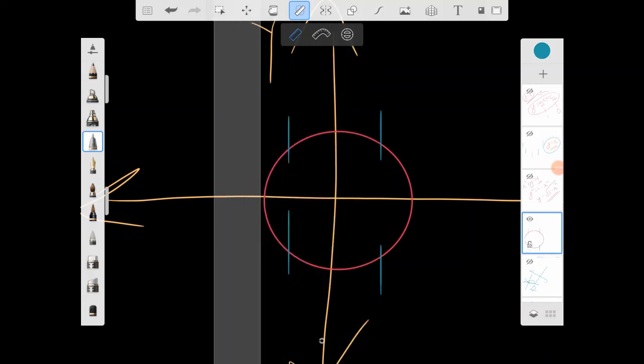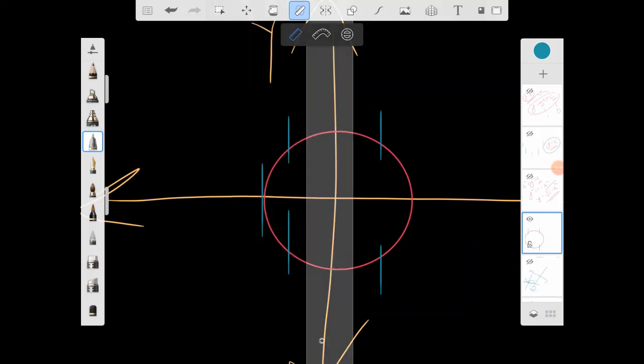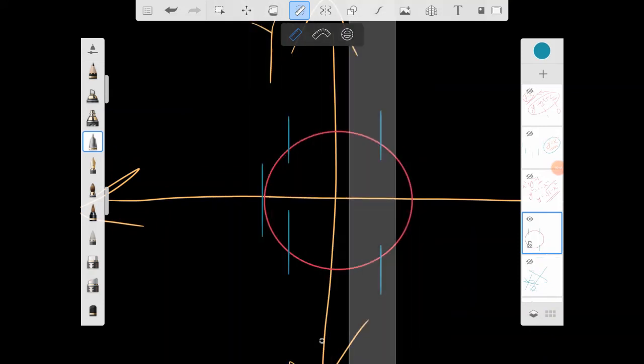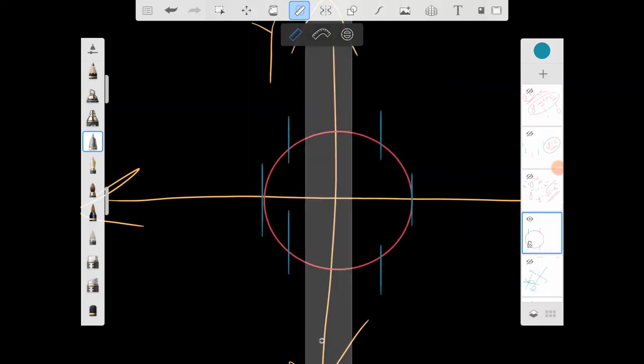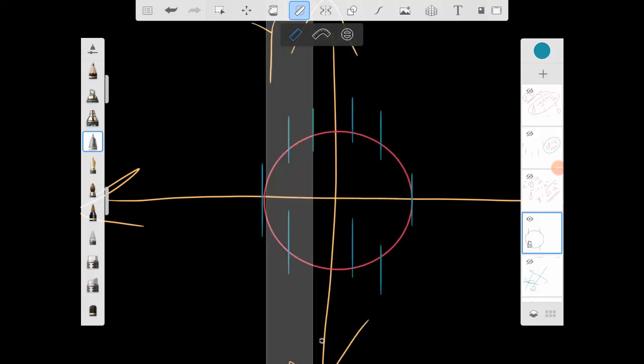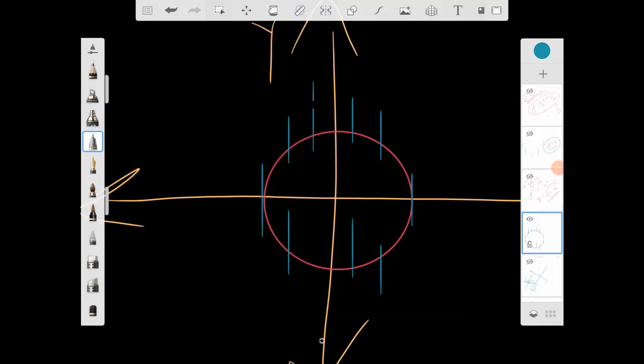At this point there's only 1 point, and here also it only crosses 1 point, but everywhere else it crosses 2 points. So because it passes through 2 points, it is not a function, it is only a relation. So the circle has failed the function test.